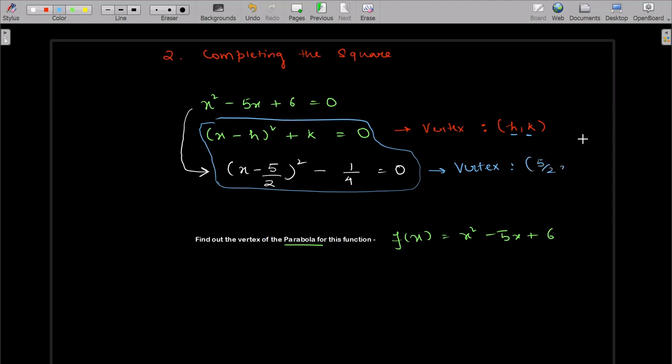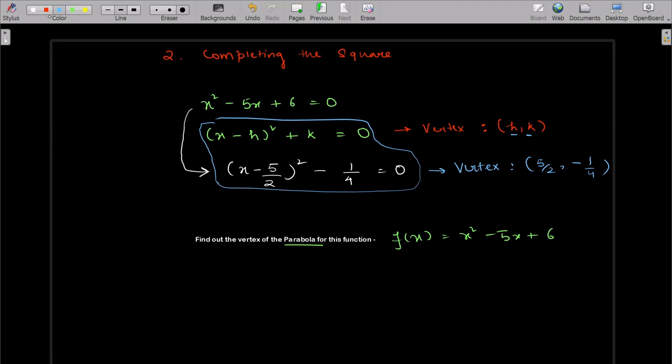Are you sure 1/4? Negative 1/4. So you compare. So k is equal to negative 1/4 and h is equal to just 5 over 2. So that's the first way the question can be asked, find out the vertex of the parabola, and the function will be given to you.